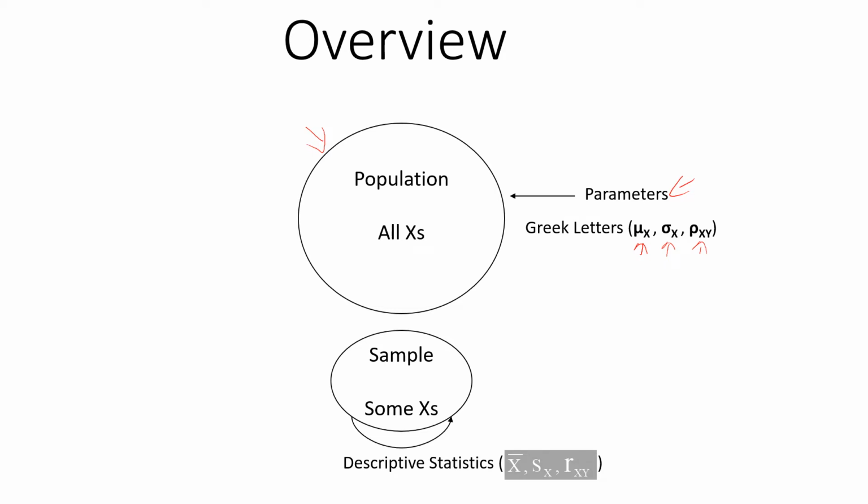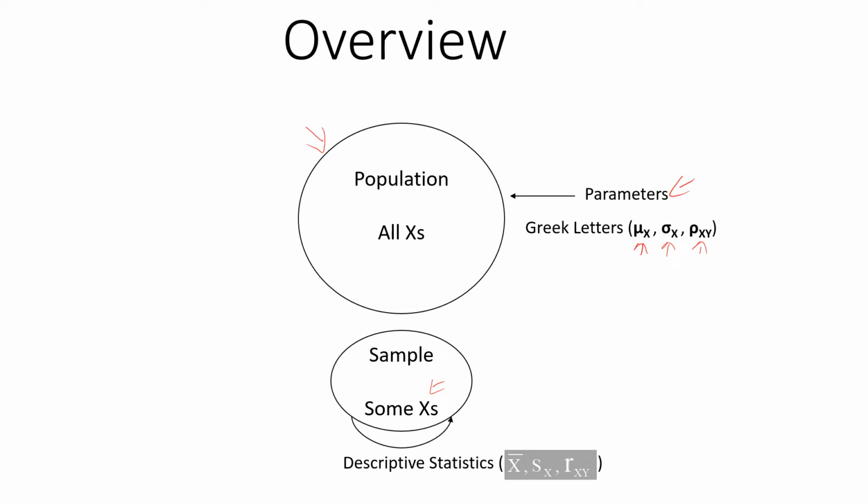So what we do instead is we take a sample. And a sample is some of the people in the population. It is what's referred to as a subset of the population. So let's say we were looking at that average age of students. Let's say we took 10 random students. And that 10 random students would be a sample. Or we could take 20 random students or 30 random students.